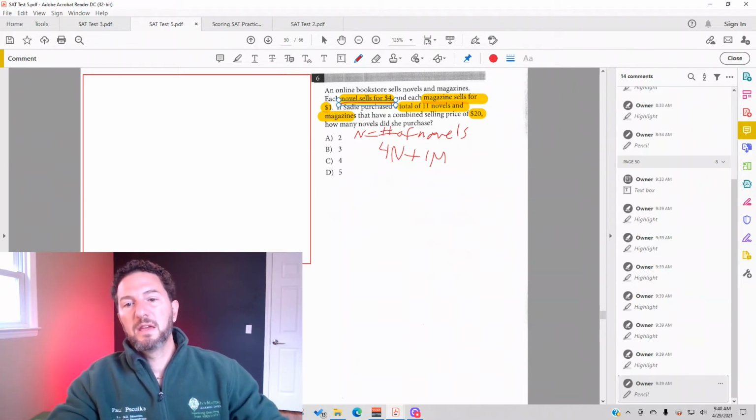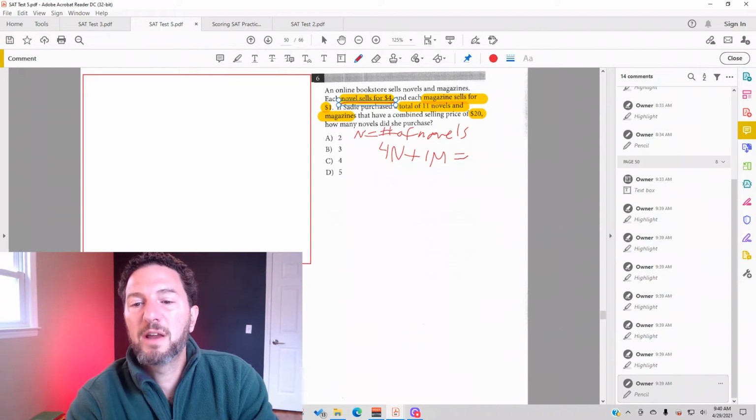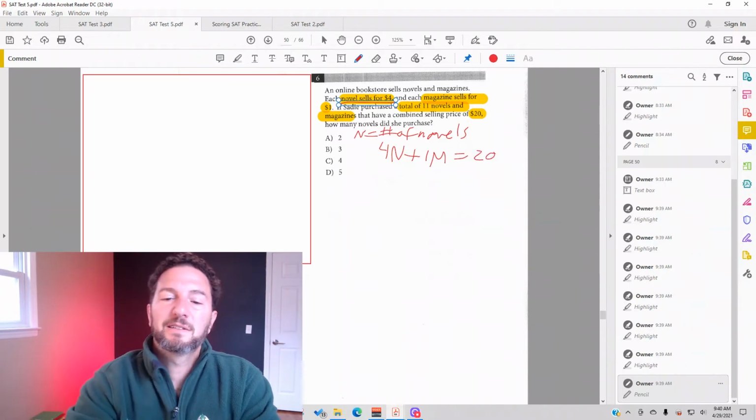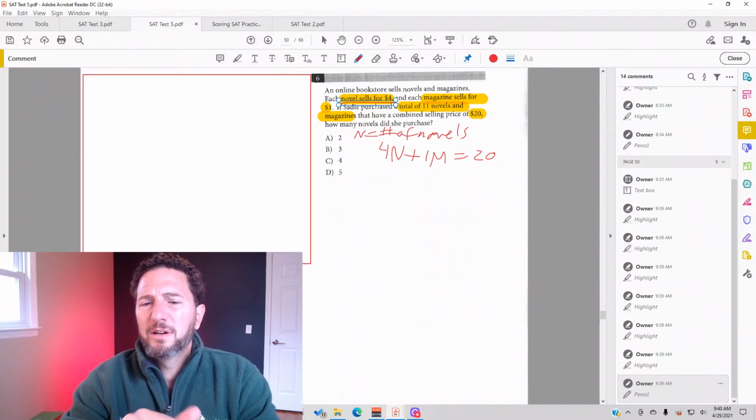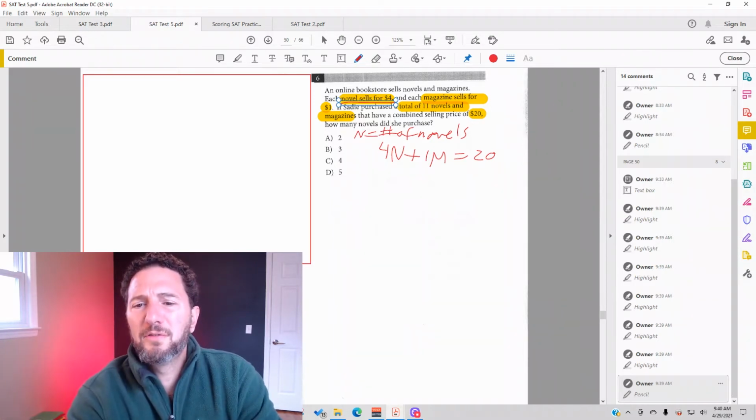So if we add those up, we wind up with 20. So $20. She also is going to get a total of 11 novels and magazines. So what we also have is n plus m equals 11, because n is the number of novels, so m would be the number of magazines.